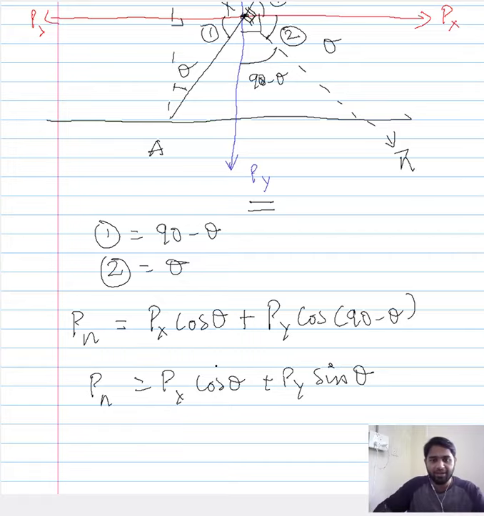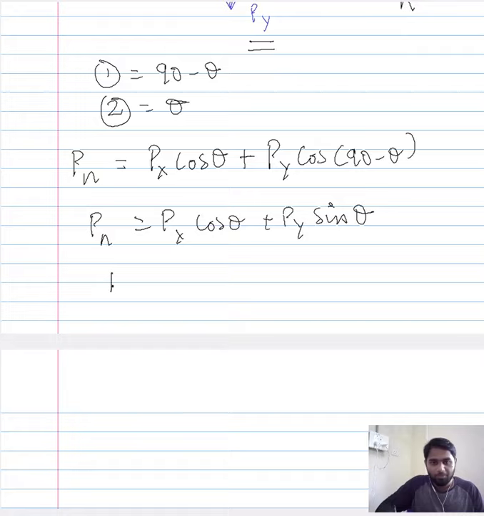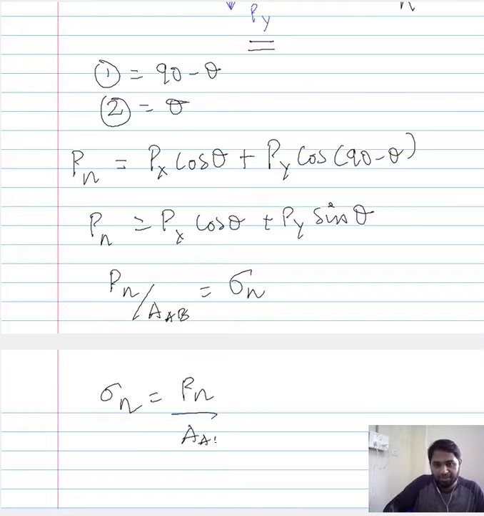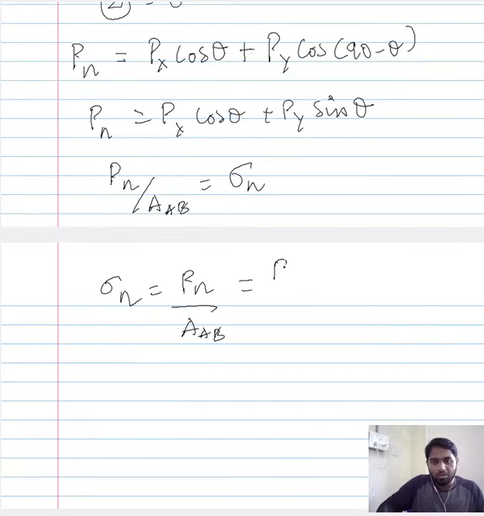So when you divide Pn by the area AB, you would have an expression for the normal component of stress that is perpendicular to AB. So the normal component of stress will be Pn divided by area AB, which would then be equal to Px divided by area AB cos theta plus Py divided by area AB sin theta.